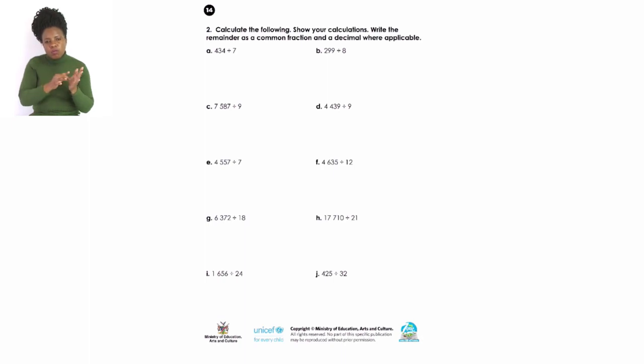In other words, it's not all the answers that will have a remainder, but whenever you find an answer that has a remainder, make sure that you write it as a common fraction and you also write it as a decimal fraction. All right, boys and girls, I believe in you that you'll be able to do your best, and not only to do your best, but to get it correct. So good luck and all the best.